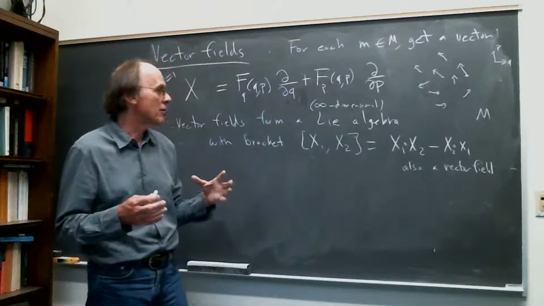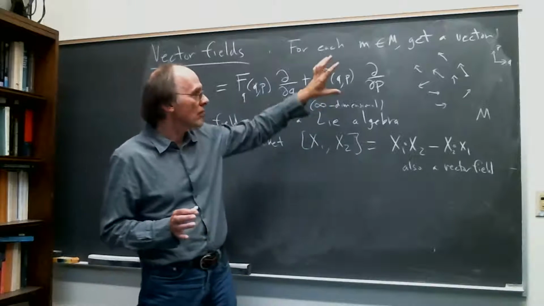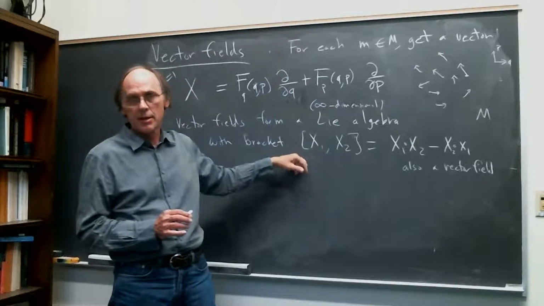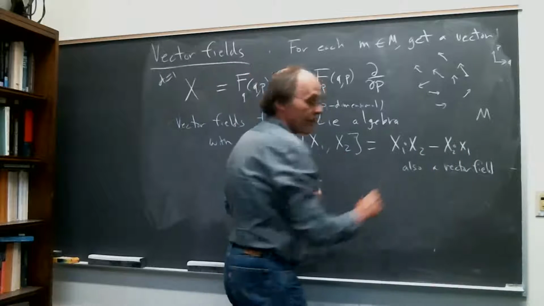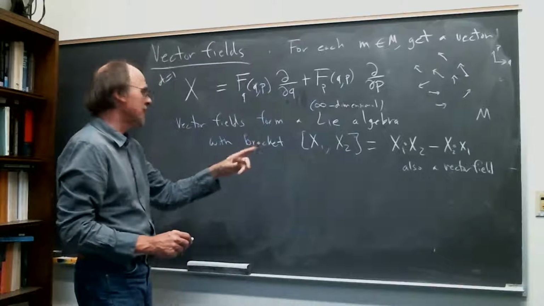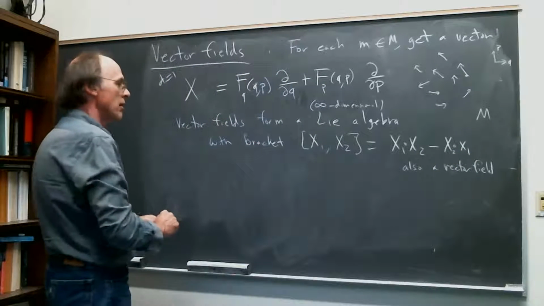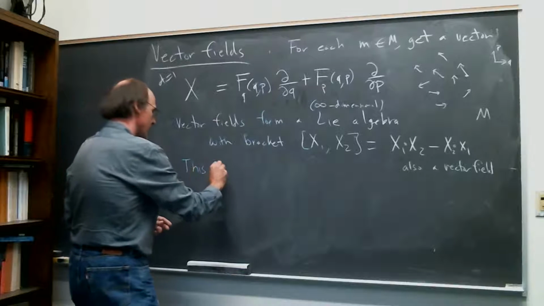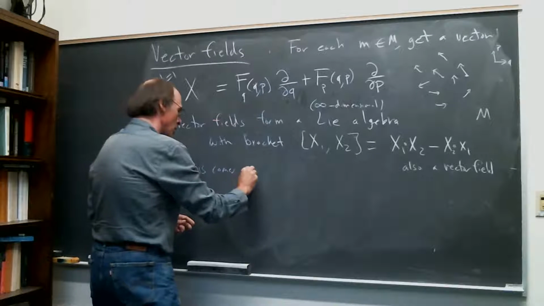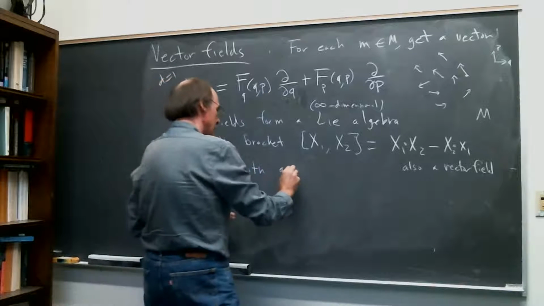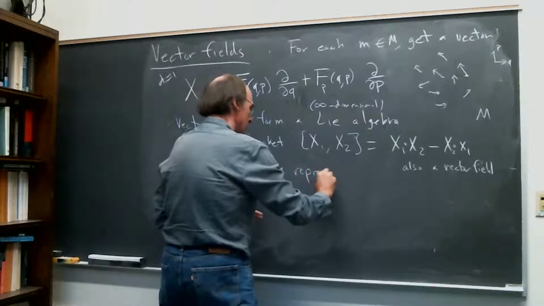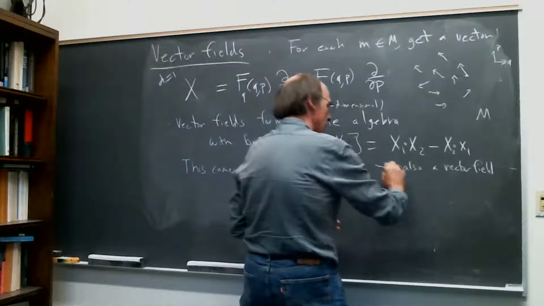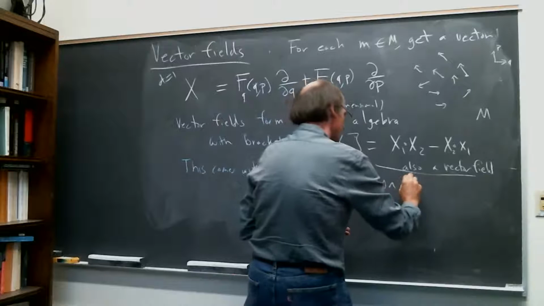What's important is that we've got our phase space. If you look at the vector fields on our phase space, they form a Lie algebra, and this comes with a representation on functions on it.